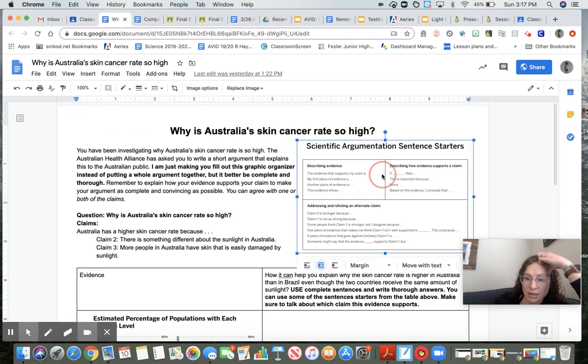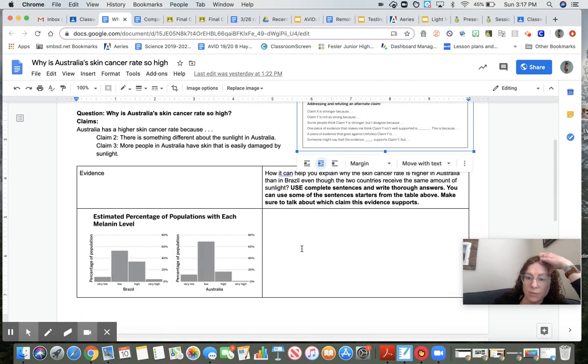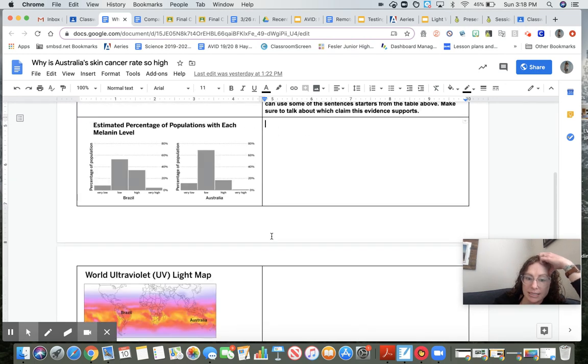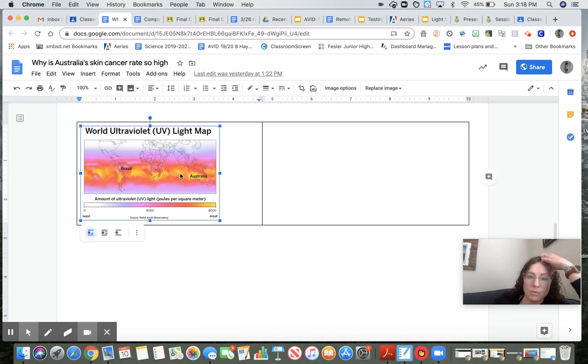And right here are some sentence frames that might help you when you're writing this. But what claim is this supporting? So claim 2 or claim 3, and then explain the evidence. And then same with this map that was showing us the UV light.